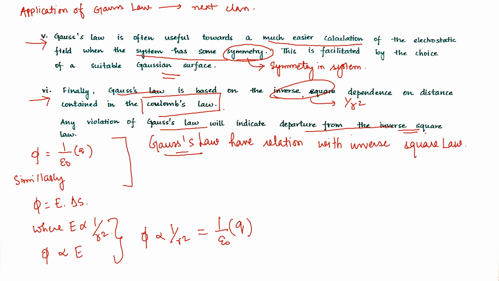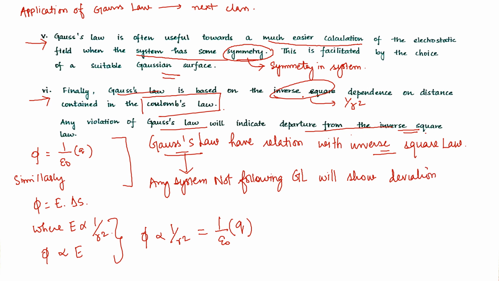So, this is actually not in this way, like anything which is not following the inverse square law will not follow the Gauss's law, but it is defined as any system not following Gauss's law will show deviation from inverse square law too. So, Gauss's law gives a proper definition and it's properly dependent upon inverse square law.